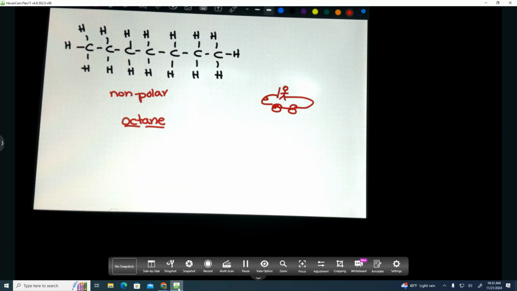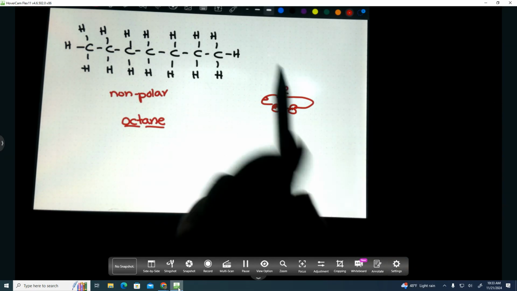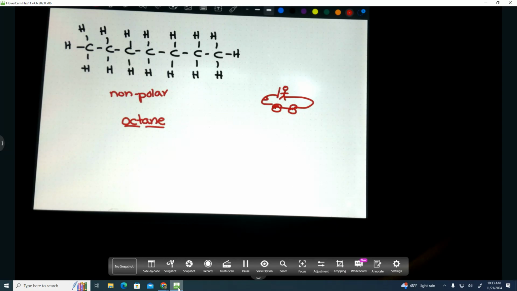When you buy gasoline and you put it into your car, is it a solid, a liquid, or a gas? It is a liquid, even though it has nonpolar molecules. Because the molecule is big enough that the hug is strong enough between the molecules to keep it a liquid.